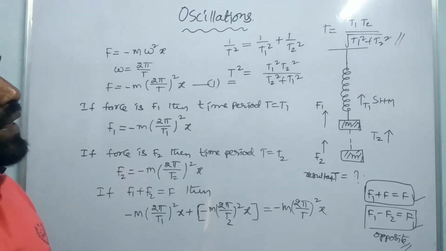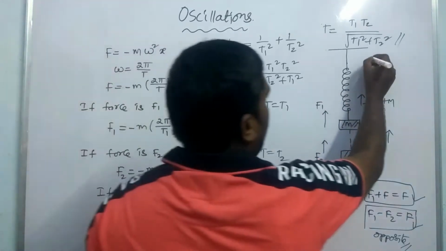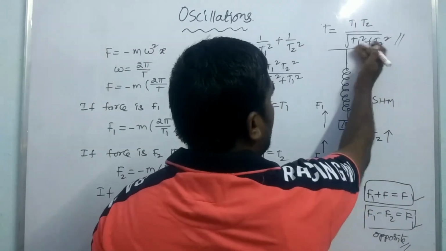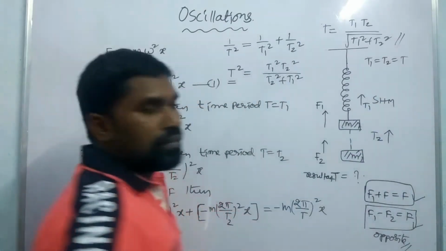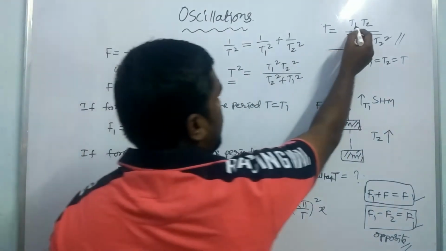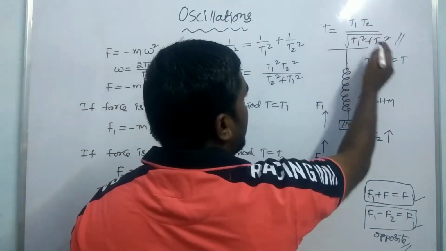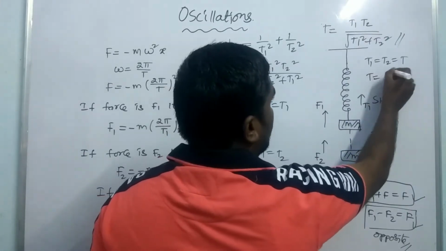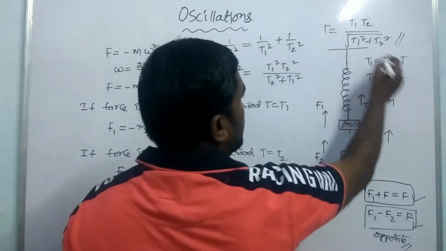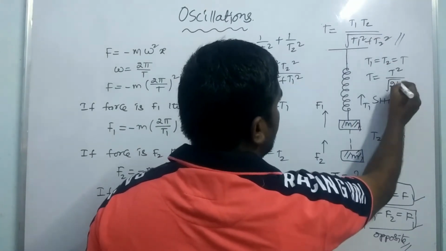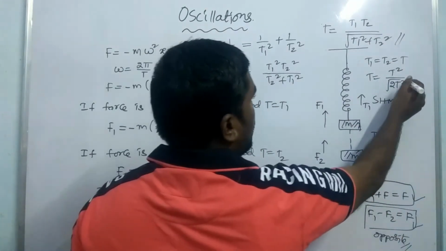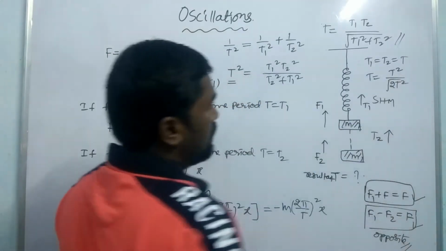Okay, if the time period t1 is equal to t2 is equal to t, then what would be happening here? t into t square by, here t is equal to t square by root of 2t square plus... Okay, and the square and the root will be cancelled.